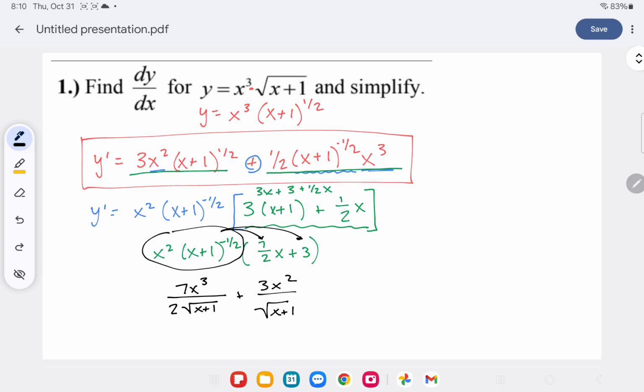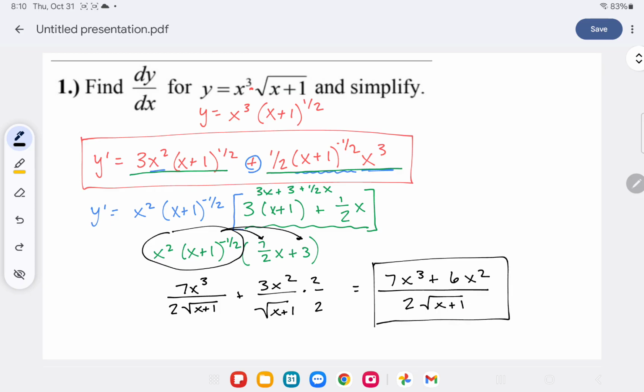It's pretty easy to get a common denominator here, so I'm going to multiply the numerator and denominator of the second term by 2 over 2. So I have 7x cubed in the numerator, I have 6x squared in my second set now, and then I have a common denominator of 2 and the square root of x plus 1.